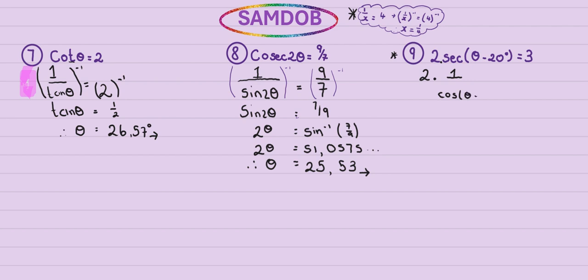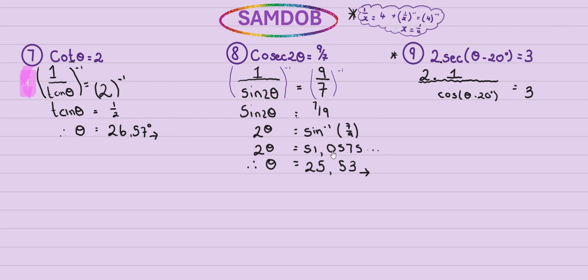So we go theta minus 20, right, equal to 3. Lovely. So now at this point, on the left hand side you have this fraction. You basically have 2 over cos theta, right?